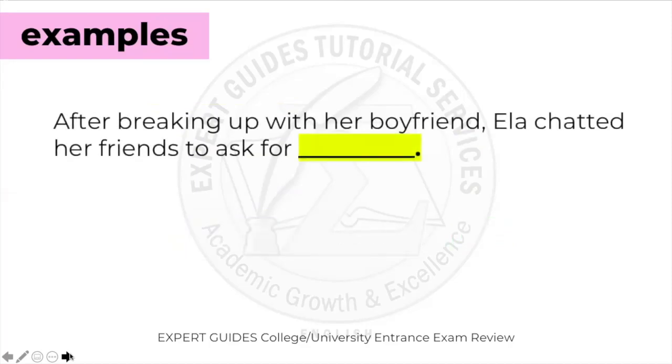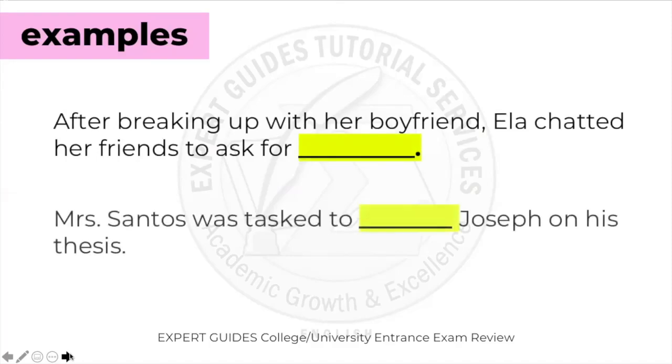Some examples, I want you to think about the answers and supply them. Okay. First example, after breaking up with her boyfriend, Ella chatted her friend to ask for blank. And for our second example, Mrs. Santos was tasked to blank Joseph on his thesis. So I'll give you some time to think about the answers.